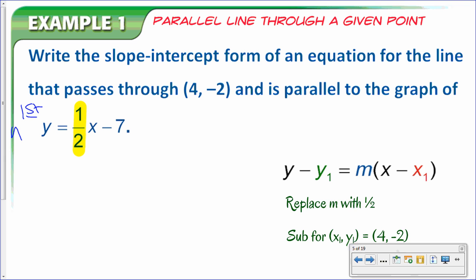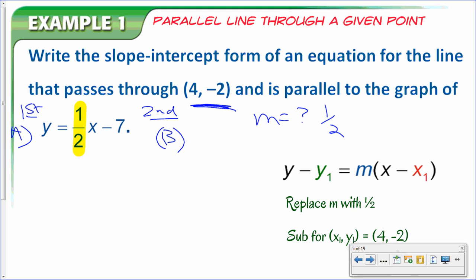Some people even like to label it equation A. Okay, so now I need to write a second equation, or equation B, that's what? It'll be parallel, right? So I do know I can start with point slope since I have what? What information do I have? I got a point, and do I have the slope? I do. What is the slope? 1/2. It's going to be the same as the other line.